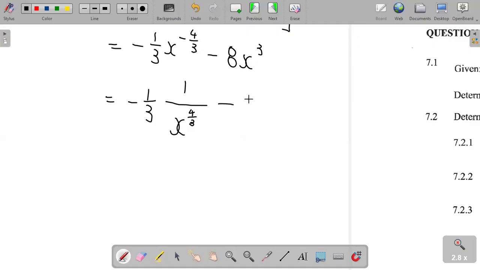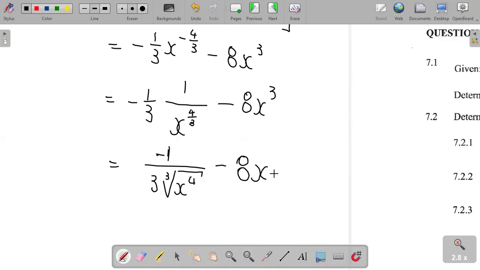So we make a negative forward. So if we write this thing in surd form, it's going to be negative 1 over 3 cube root of x to the power 4, then minus 8x to the power 3.